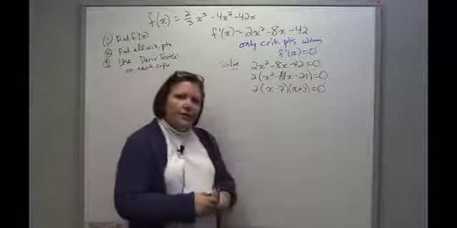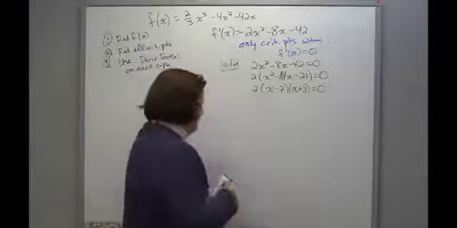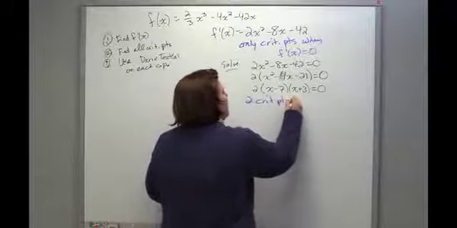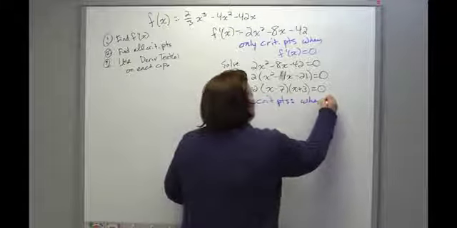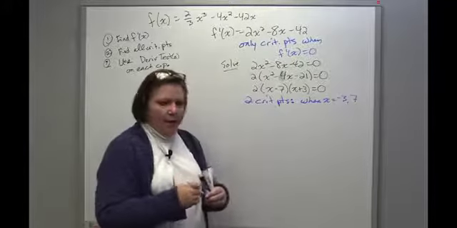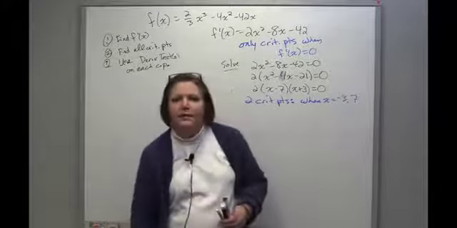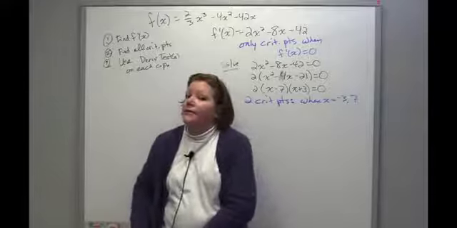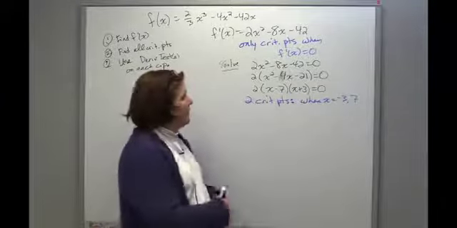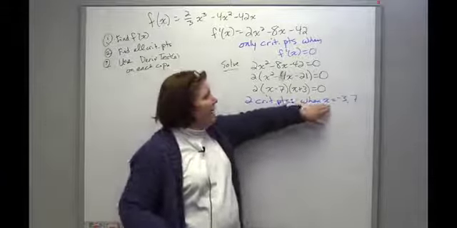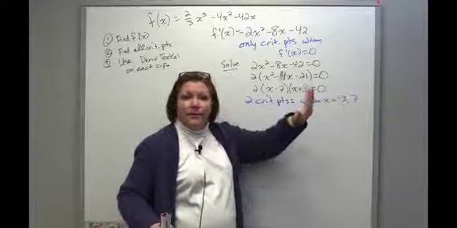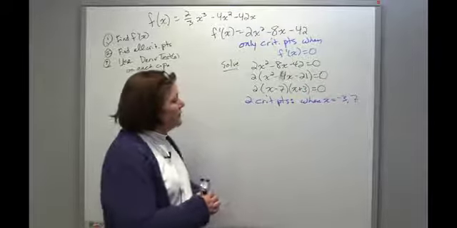So we have two critical points when x equals -3 and 7, and I listed them in numeric order. Sometimes our homework might make us enter them on the computer in numeric order, so we have to be careful of that. Right now I don't care about the full point, I only care about the x values, so I'm going to wait on the rest.